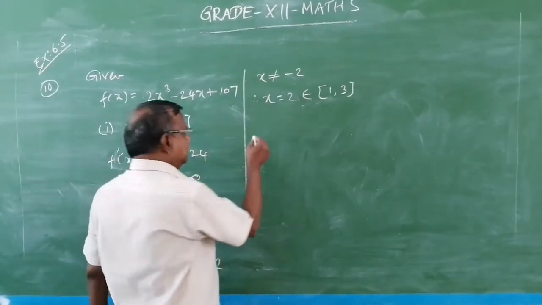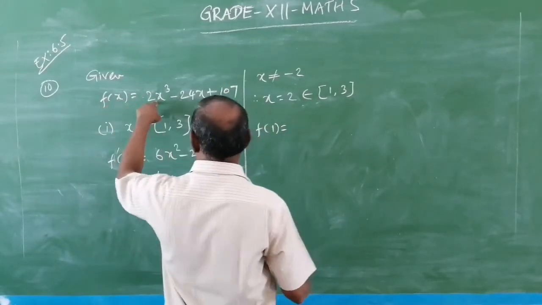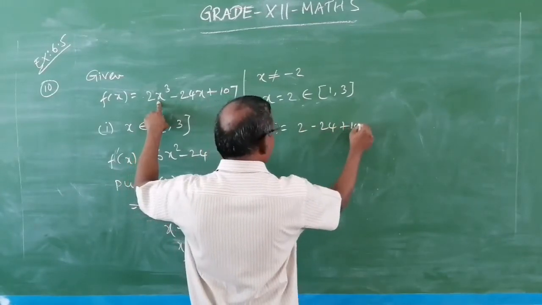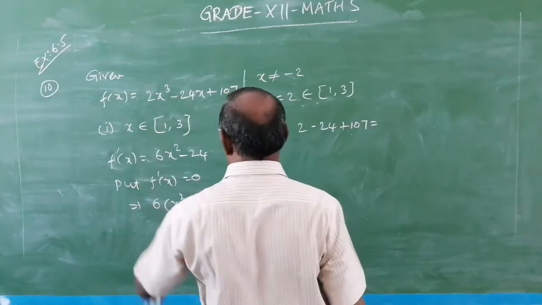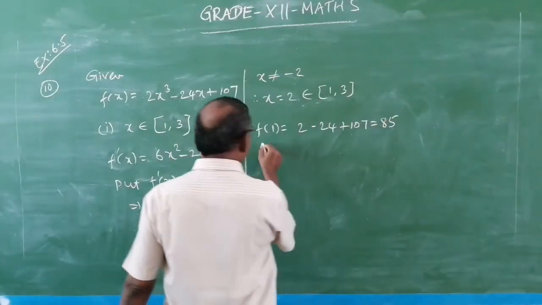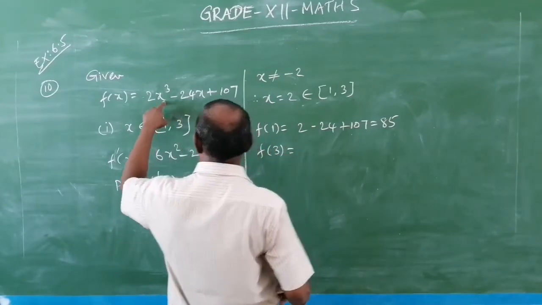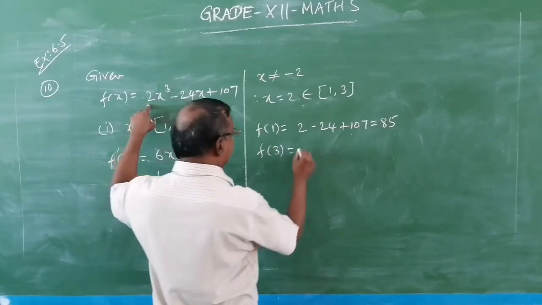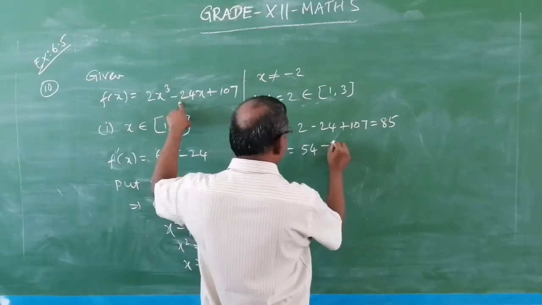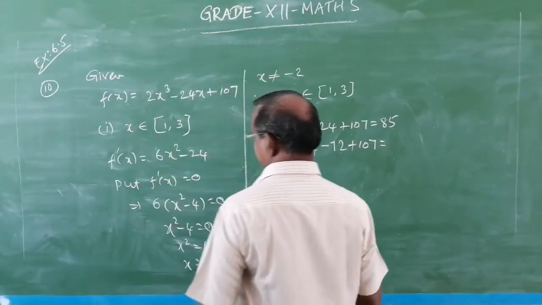Now we need to find the values of f of 1, f of 3 as well as f of 2. Now f of 1 equal to 2 minus 24 plus 107, equal to 85. And f of 3 equal to 3 cube, 27, 54 minus 72 plus 107 equal to 89.